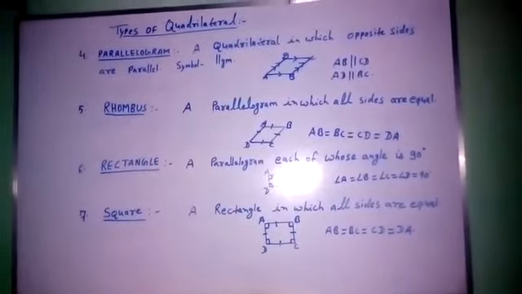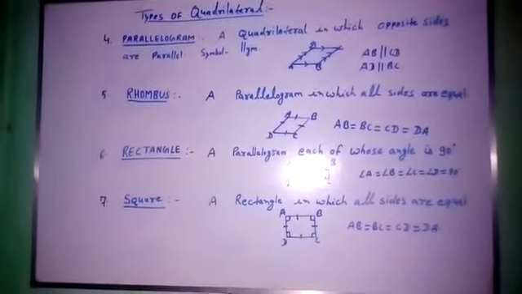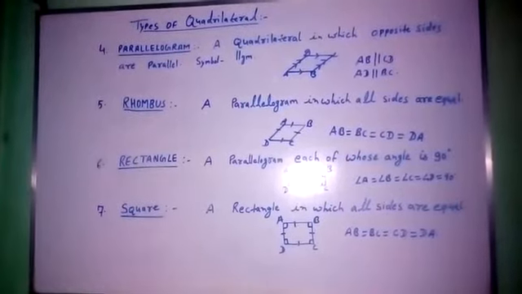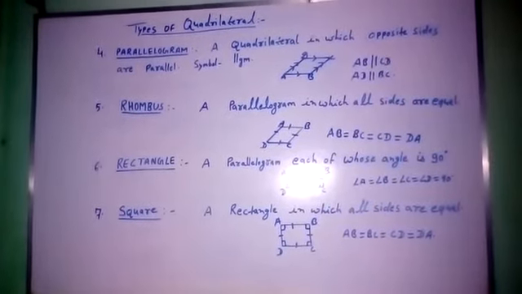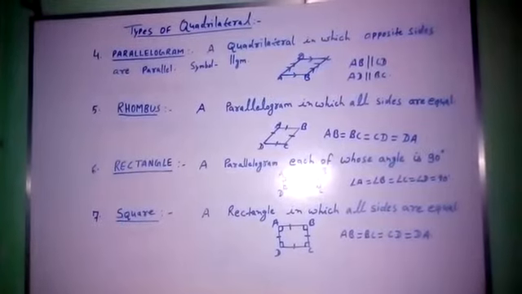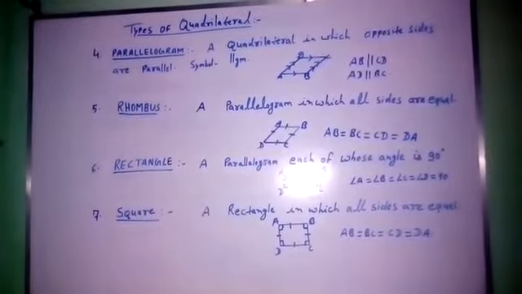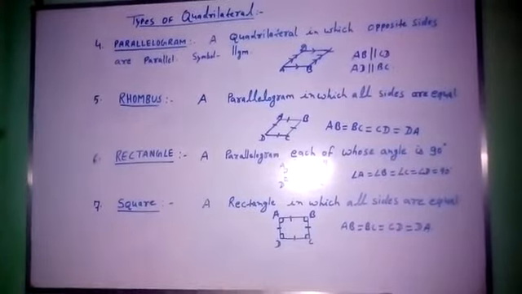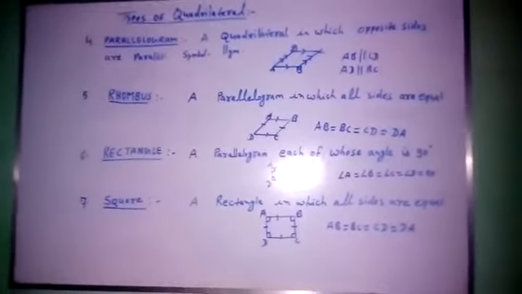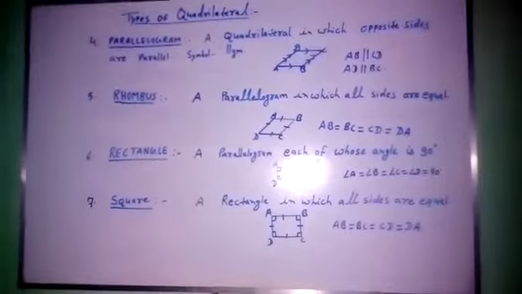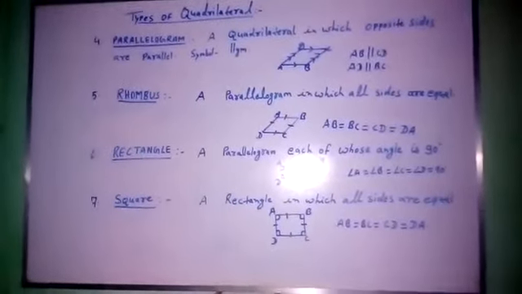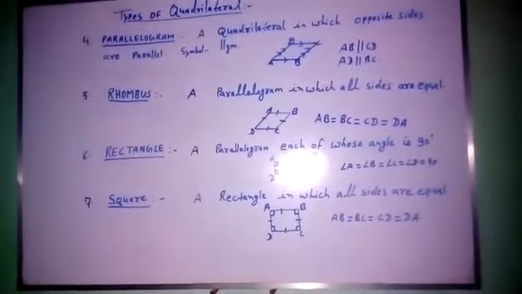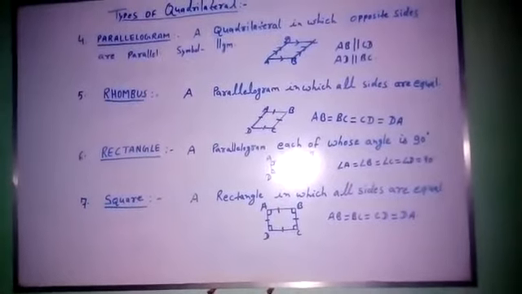A parallelogram in which all sides are equal. As in the previous definition, in a parallelogram opposite sides are parallel. And the rhombus is a type of parallelogram in which all sides are equal.